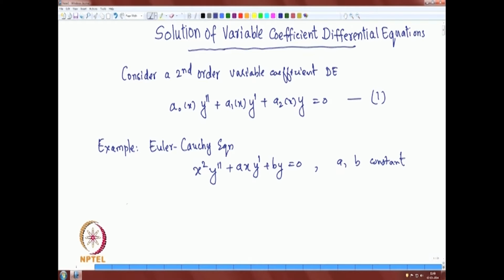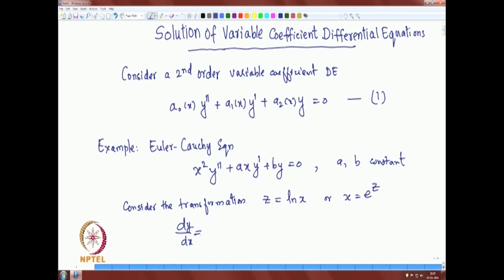So, consider the transformation z is equal to natural logarithm of x, or x is equal to e to the power z. If you use this transformation, then we are changing the independent variable from x to z. So, what is dy by dx?